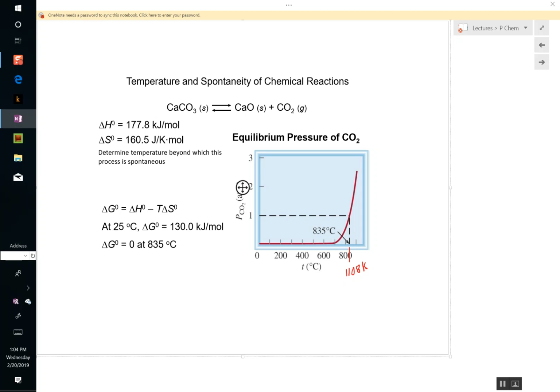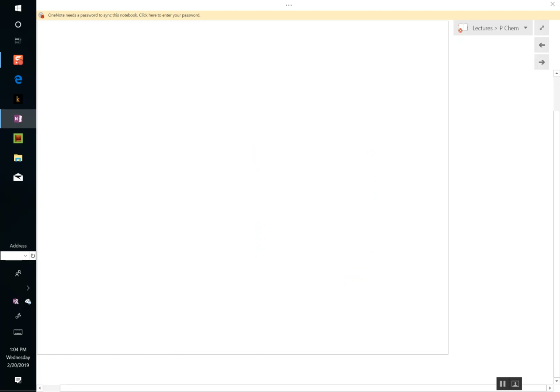There's no activity, but you get to about 700 degrees centigrade, and then you would start seeing some CO2 coming off, and you would get it at 1 atmosphere at that point in time, at 1108. That's where it would be happening spontaneously.